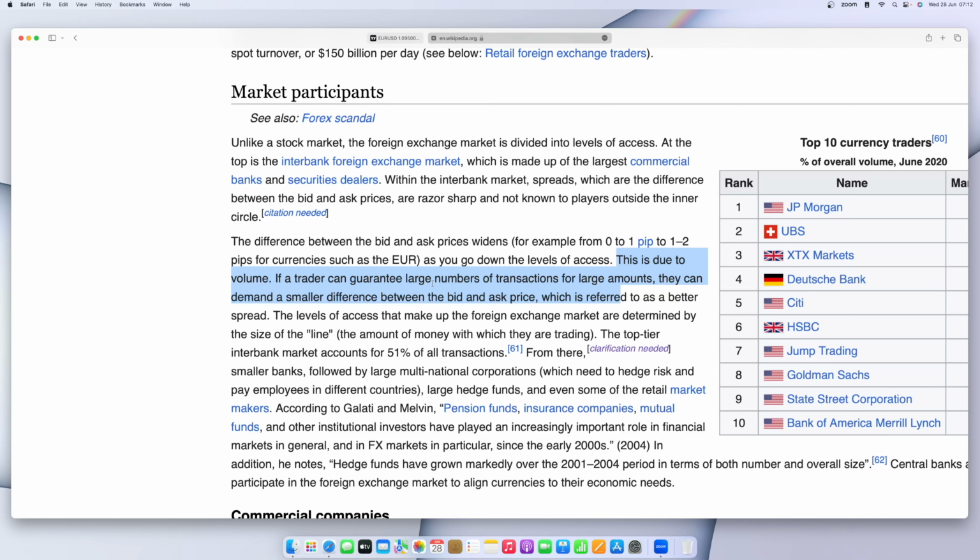The levels of assets that make up the foreign exchange market are divided by the size of the quote line, the amount of money with which they are trading. The top tier interbank market accounts for 51% of all transactions. So let's go back to where we said the daily turnover as at April 2022 was $7.5 trillion.